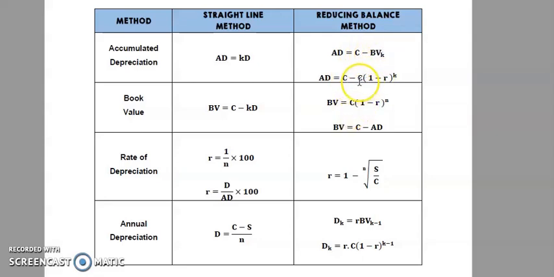C multiplied by 1 minus R, to the power of K. So again here, as I said before, N can also be replaced by K. It depends on the question, which asks you to find a particular year. So those are the formulas under depreciation for the straight line method and the reducing balance method.